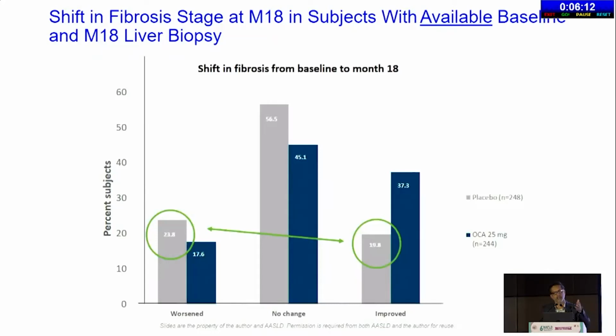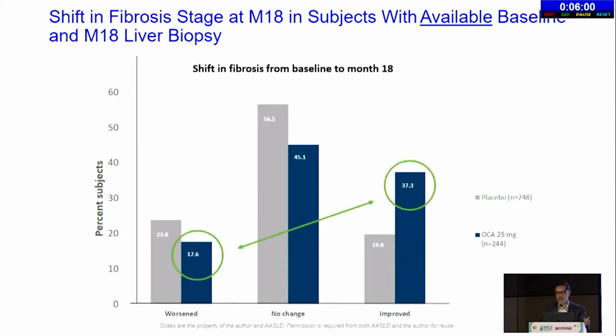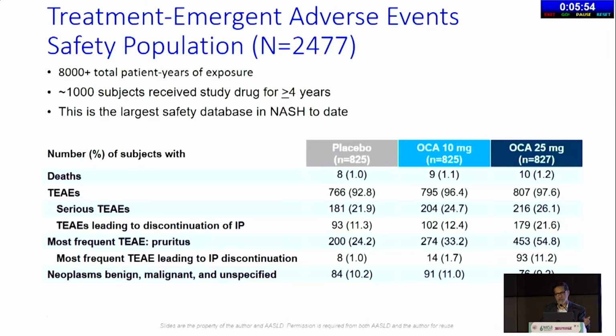So on all stages up to stage 3, good anti-fibrotic response. Whereas in placebo, you are seeing over time that it's relatively flat. If you look at the treatment arm, you're seeing a greater proportion of people who are improving their liver histology.